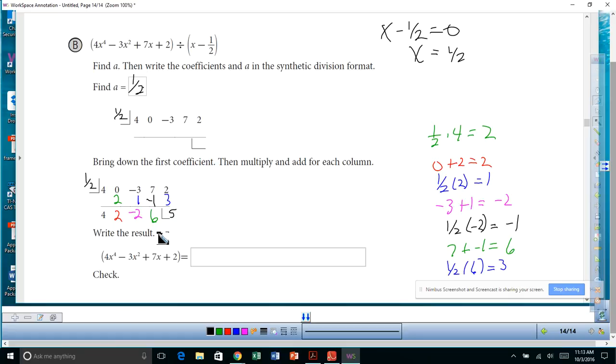Now, write your result. So you're going to have our divisor. That was x minus 1/2. Now, we started out x to the fourth.